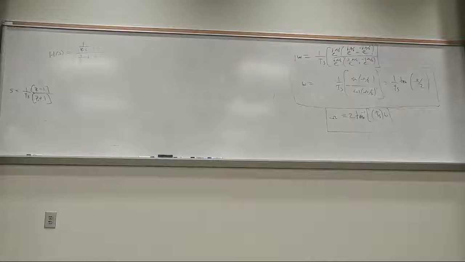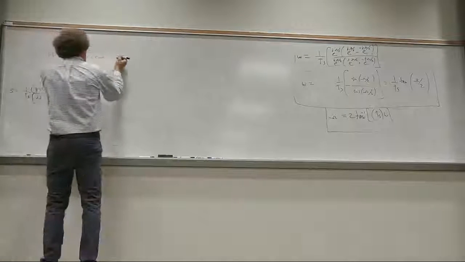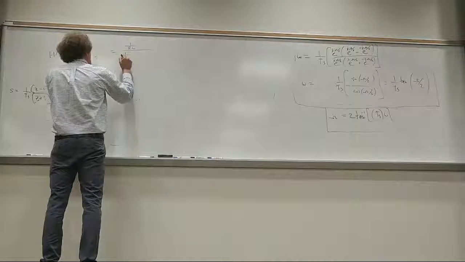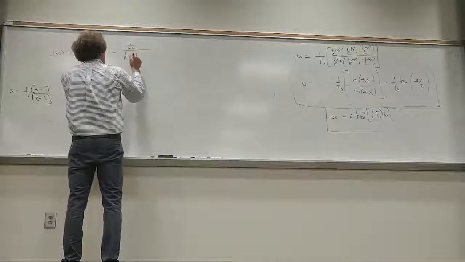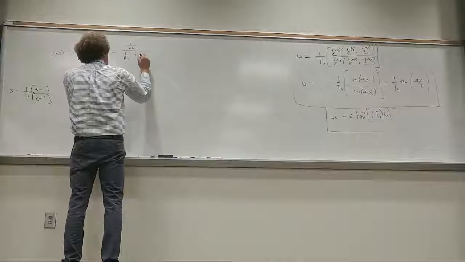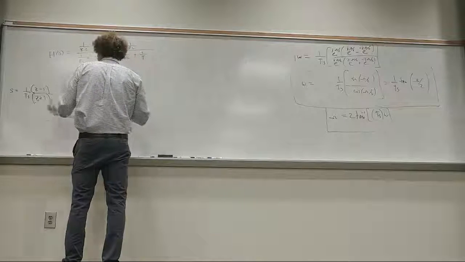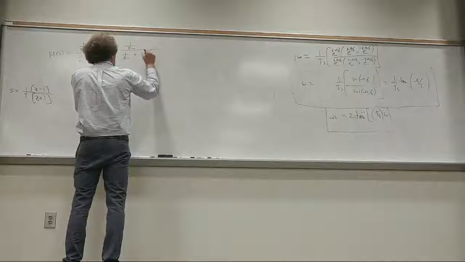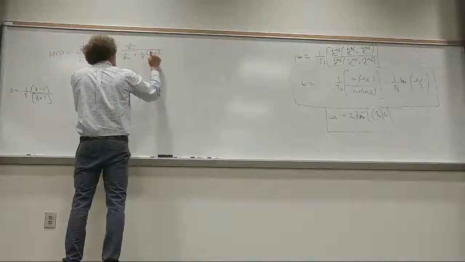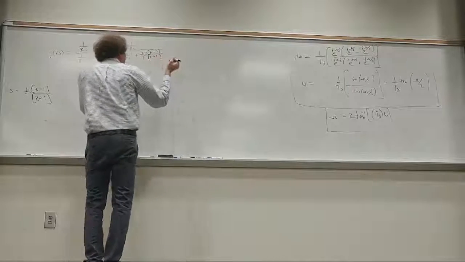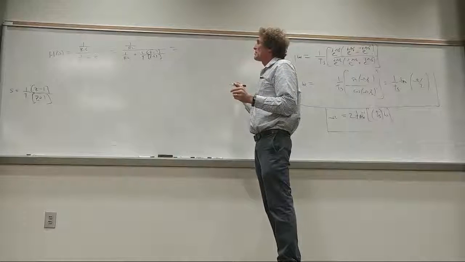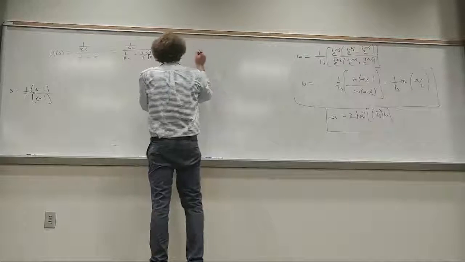So if we want to do that, this would be 1 over RC divided by 1 over RC plus 1 over T times z minus 1 divided by z plus 1. I'm just going to leave it as T instead of TS. Now, if I multiply top and bottom by z plus 1, I get 1 over RC.